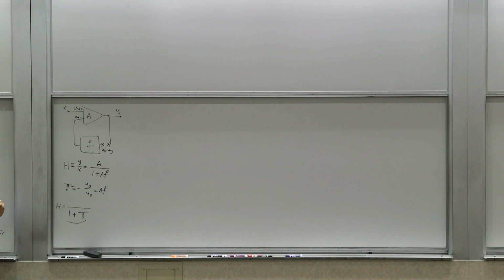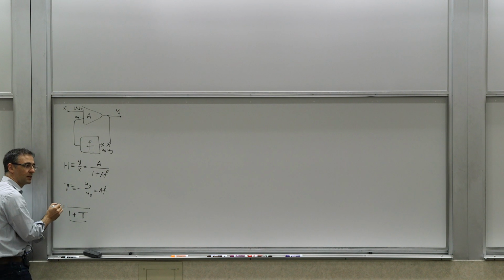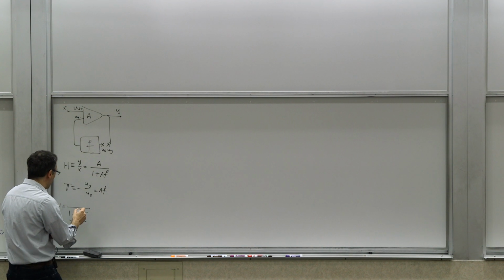But what else do we know? What is the denominator of a transfer function in general for a circuit? Say again? Product of the poles. Yes, exactly. It's a polynomial with roots that are the poles, a product of monomials.